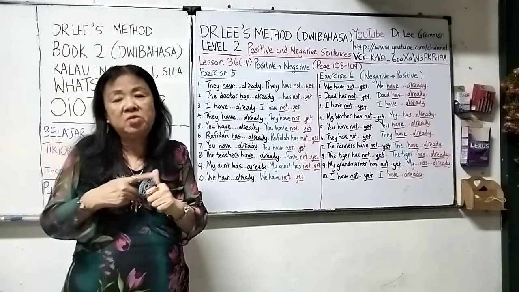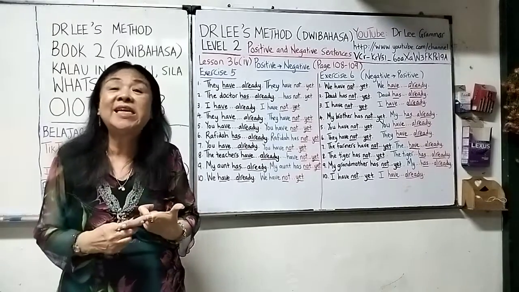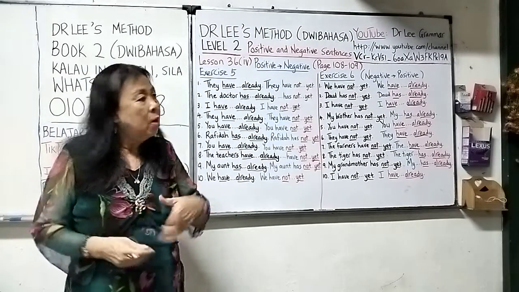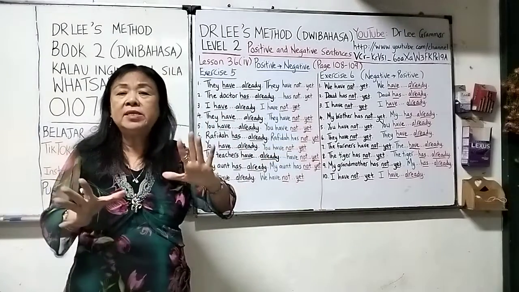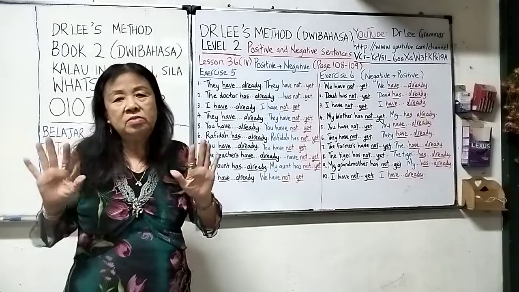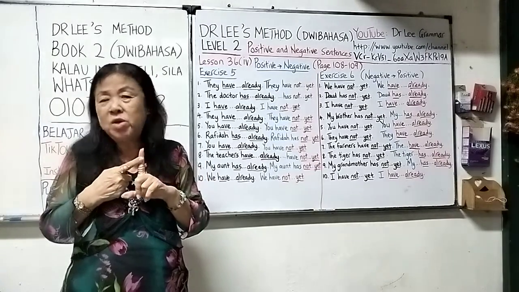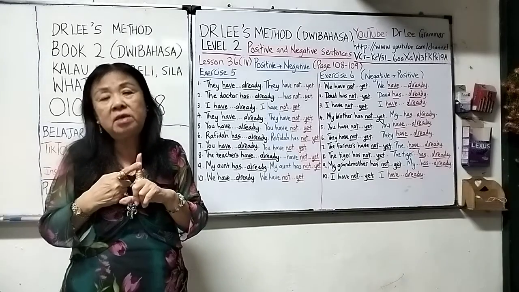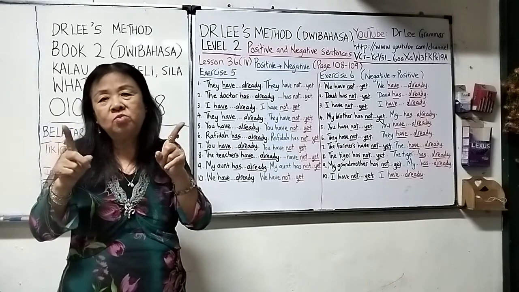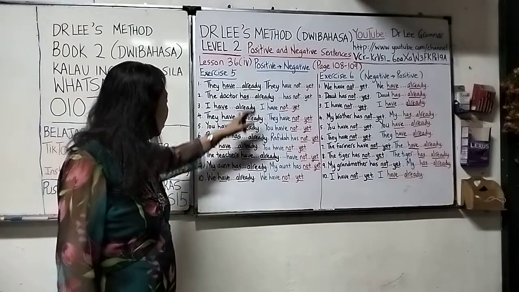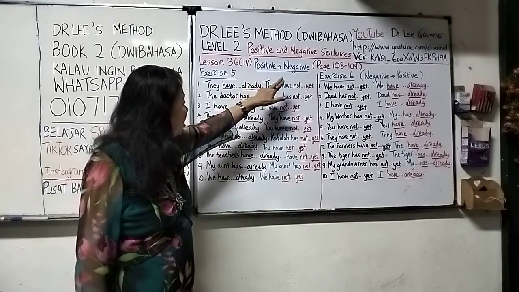Positive means to say we agree. It means we say yes. It means we admit. Whereas negative means we say no. We don't admit. We deny. We don't agree. We disagree. And we say no. We say not. Alright? So now this exercise, we change the positive to the negative.